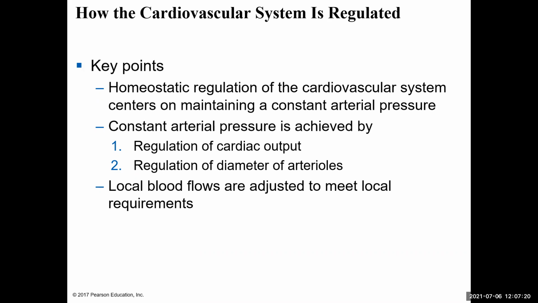And this constant, specific set pressure is regulated by cardiac output and the diameters of the arterioles. The local blood flow is regulated and adjusted by the body to make sure we have this constant pressure.